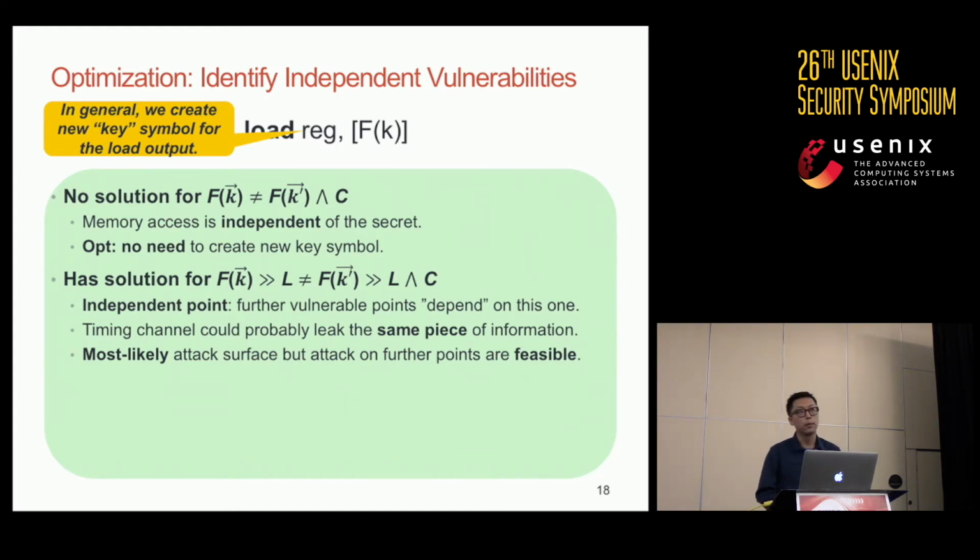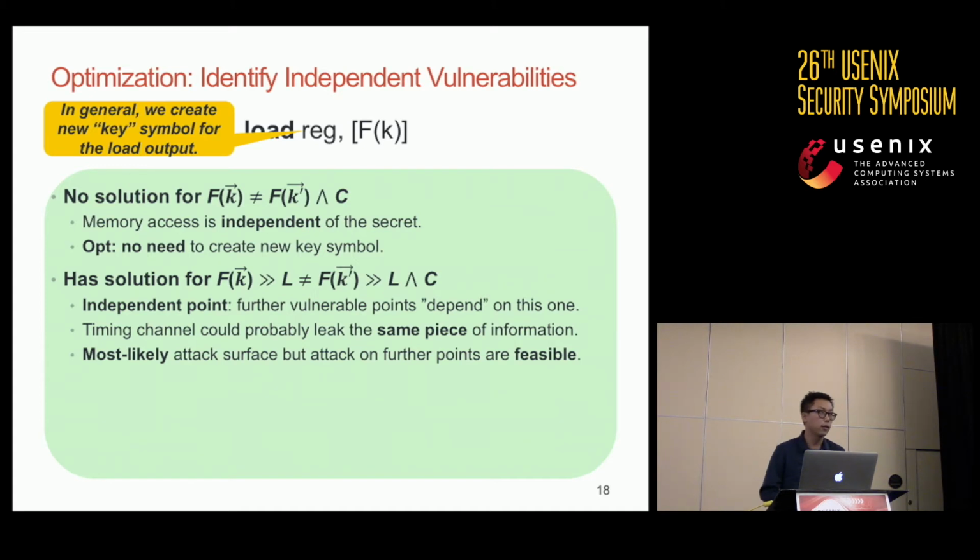We consider the independent point as the most likely attack surface, because the attacker needs to spend some additional effort to study the memory layout and recover some relations in case they want to attack the further dependent vulnerable point.